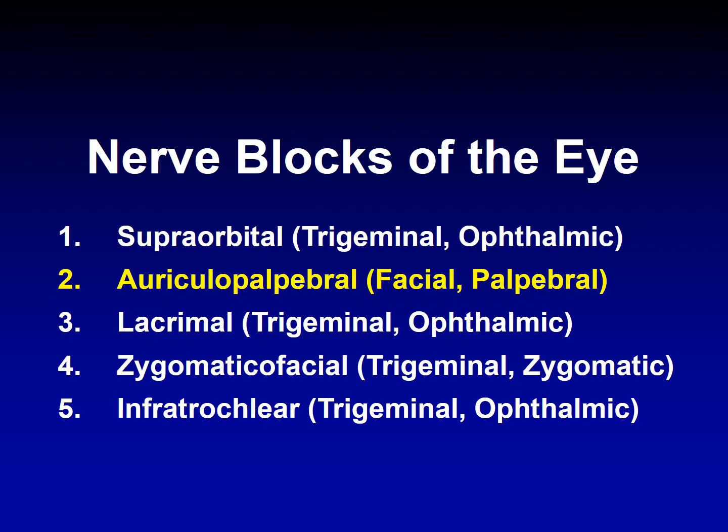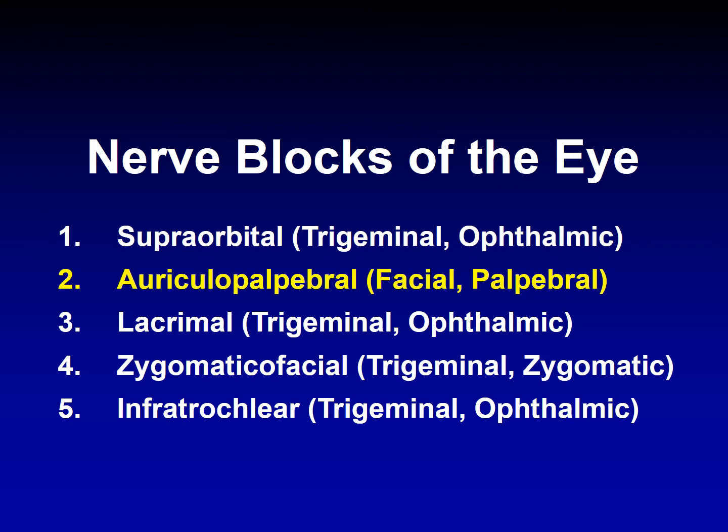Now, 3 out of the 4 that are coming from the trigeminal are coming from the ophthalmic branch of the trigeminal, and these are the supraorbital, lacrimal, and infratrochlear. Only the zygomaticofacial is coming from the zygomatic branch of the trigeminal. The auriculopalpebral is coming from the palpebral branch of the facial nerve.